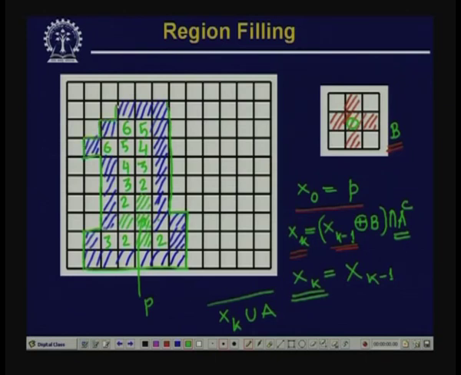And you find that such a region filling operation is very, very useful. It will be seen that when we talk about object description or object representation, this kind of region filling operation is very important, because unless we do such an operation, our object description will not be compact.